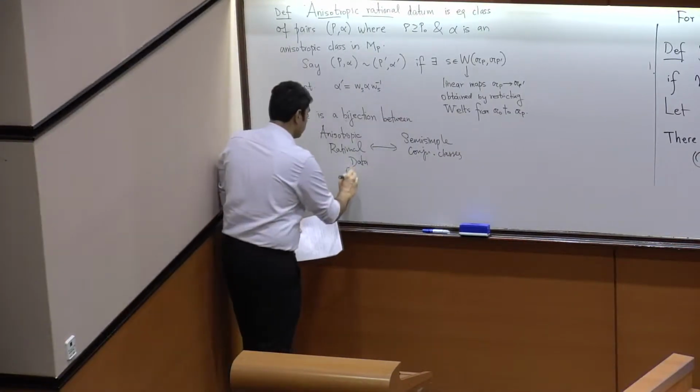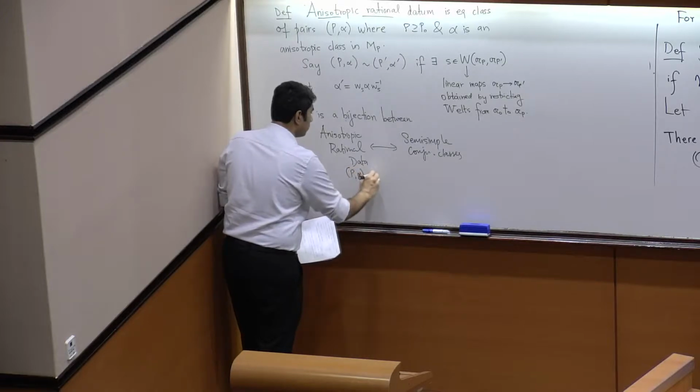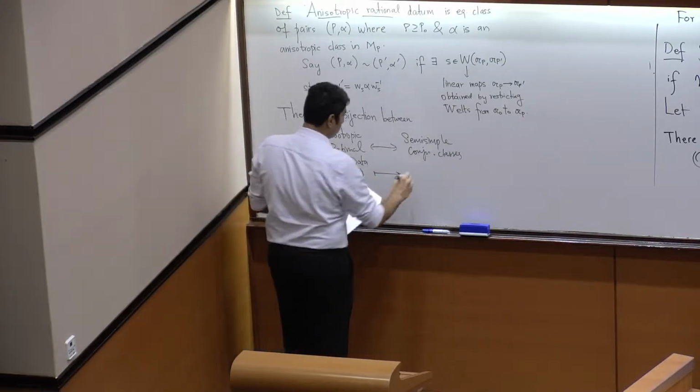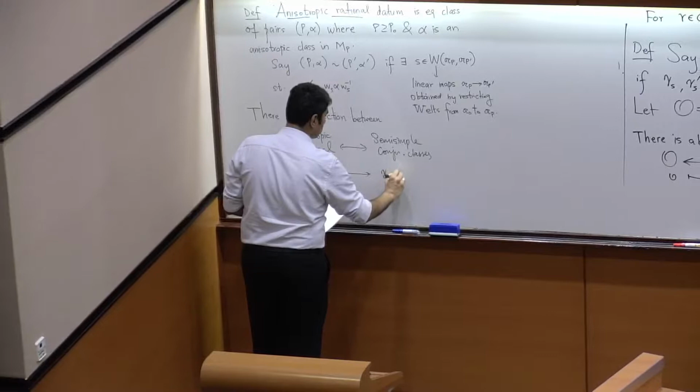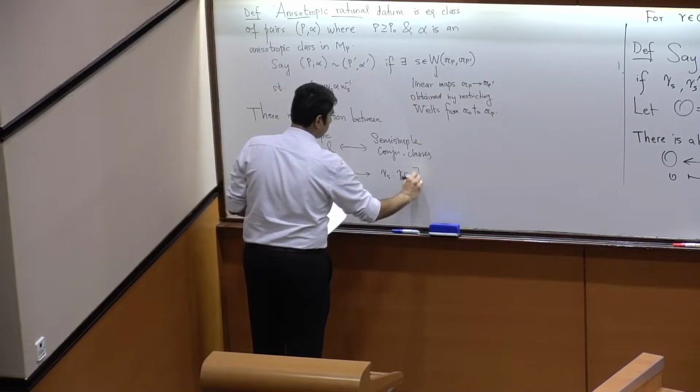And explicitly, if you look at a (P, alpha), then you send it to gamma such that gamma belongs to alpha.